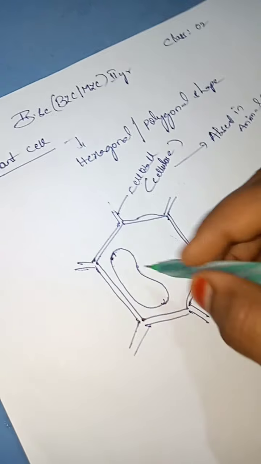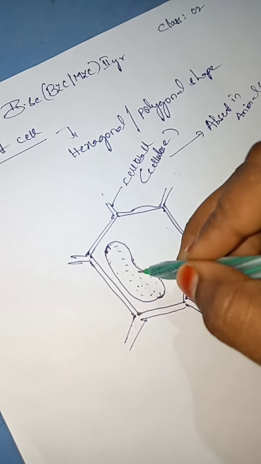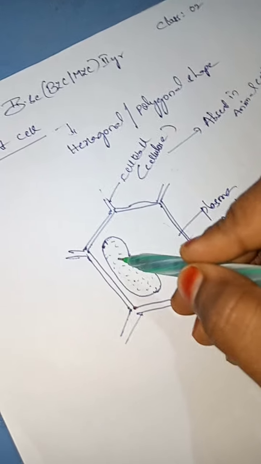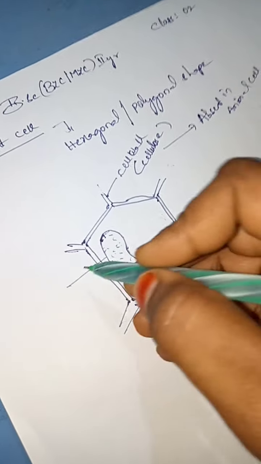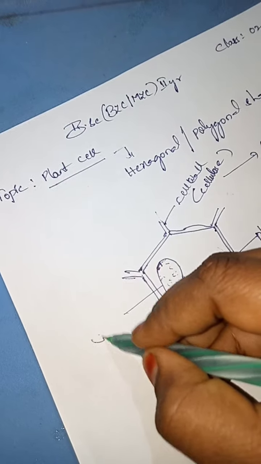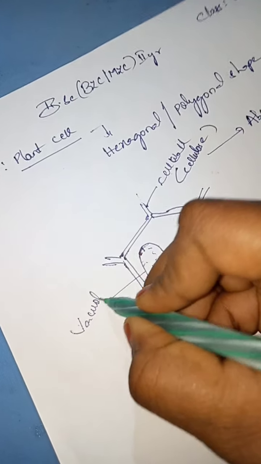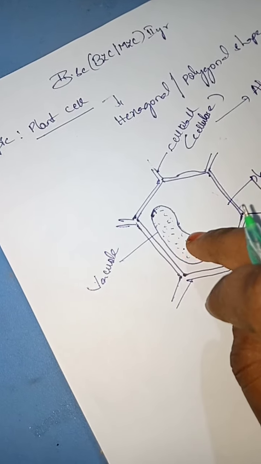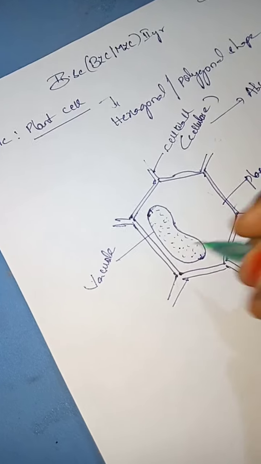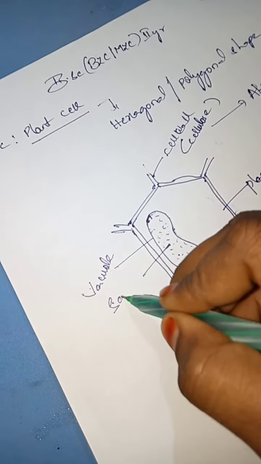This vacuole is filled with a watery substance, so this is what we call vacuole. That watery substance in the vacuole is called sap.